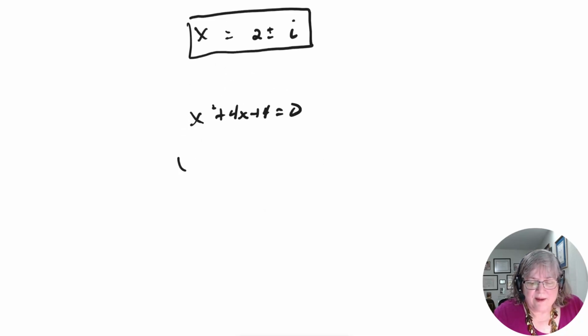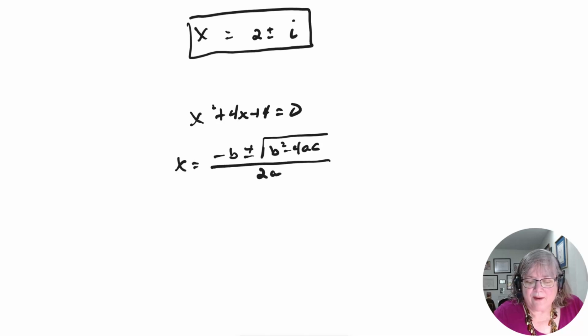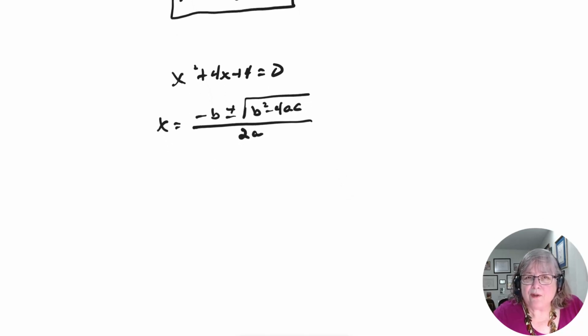All right, x is minus b plus or minus square root of b squared minus 4ac all over 2a. Like I said, if you write this down every time you do a problem, you will memorize it. A is 1, b is 4, c is 4.